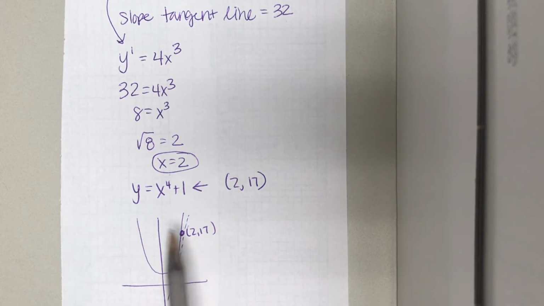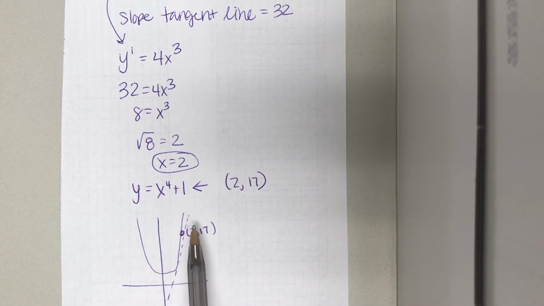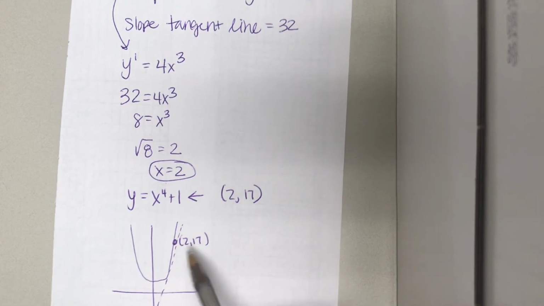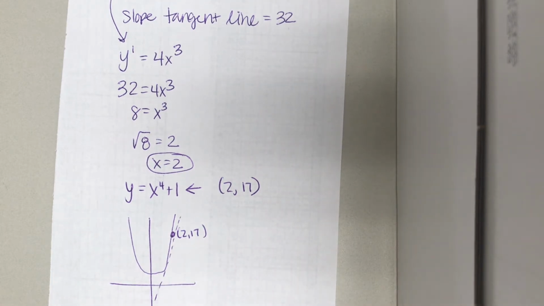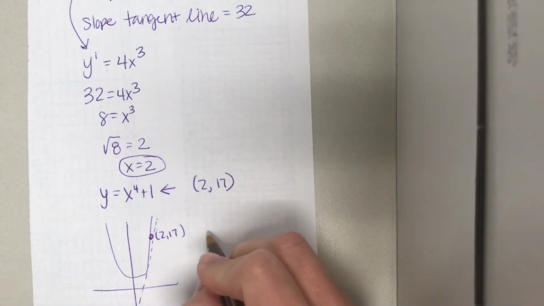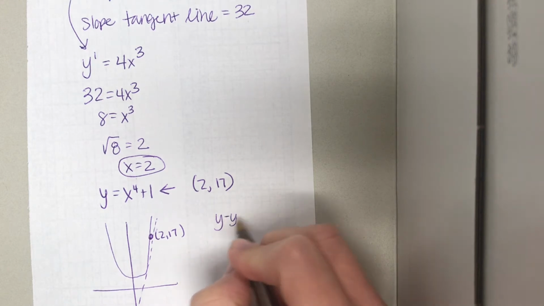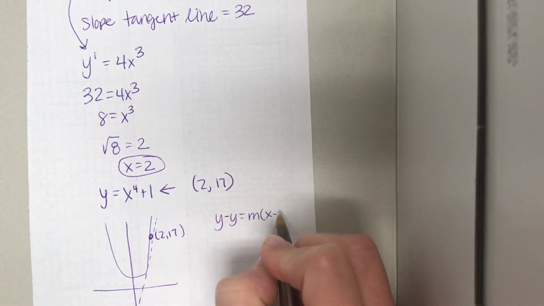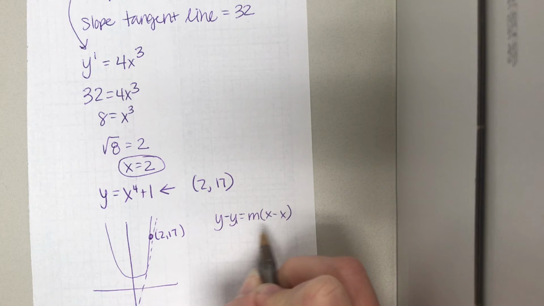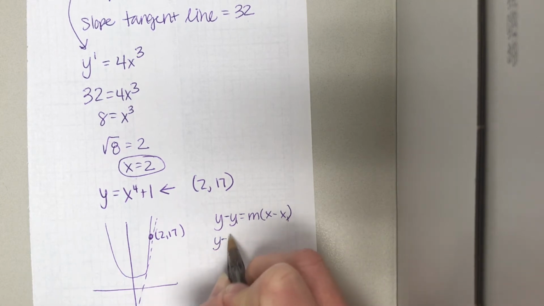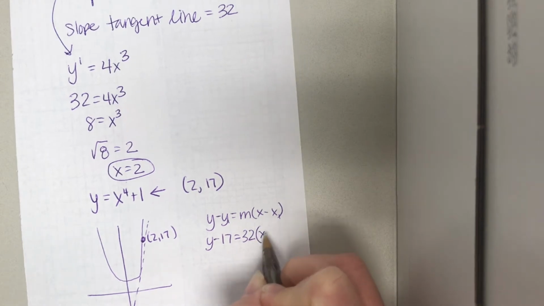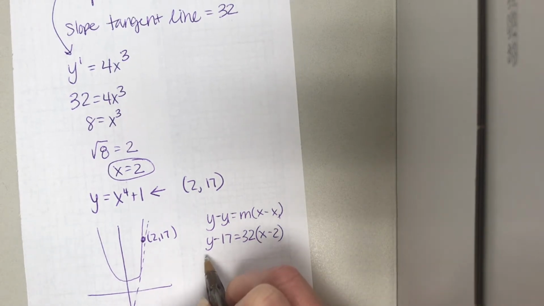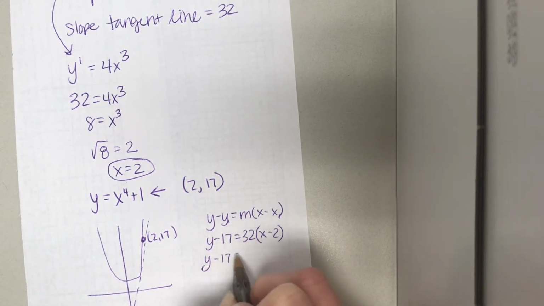If you plug a 2 into this, you get 17, so the point is (2, 17), and we're trying to come up with the equation of this tangent line. We know the slope is 32, and if you remember the formula y minus y1 equals m times x minus x1, then y minus 17 equals the slope, 32, times x minus 2. And then you can just get this into slope-intercept form.